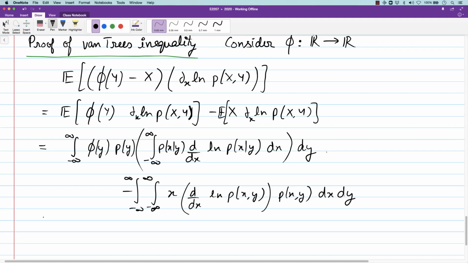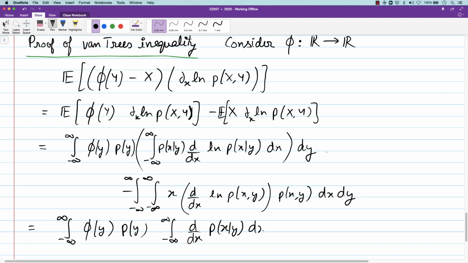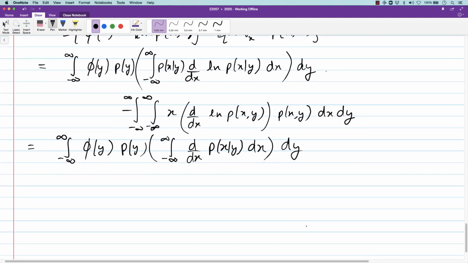When we look at the first term here, this derivative is 1 over p of x given y, times the derivative of p of x given y with respect to x. So that is the integral of p of y times the integral of d/dx of p of x given y, for any given y we can do this, dy. That's the first term.